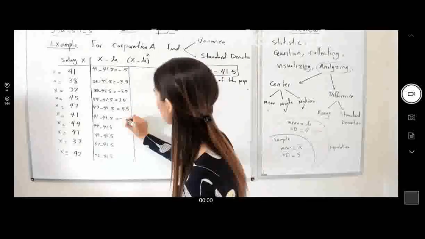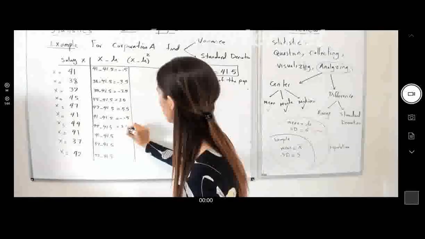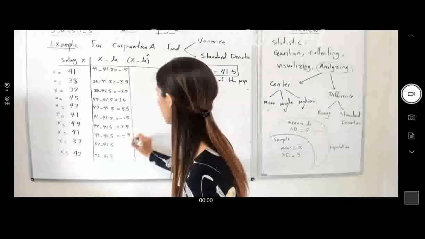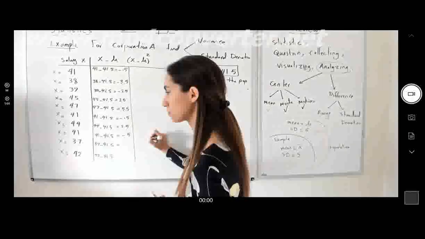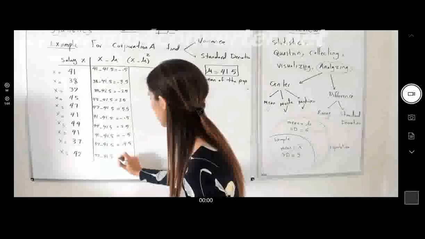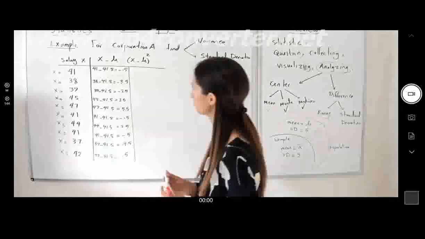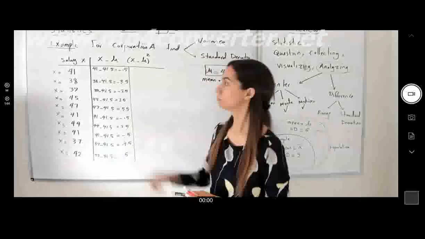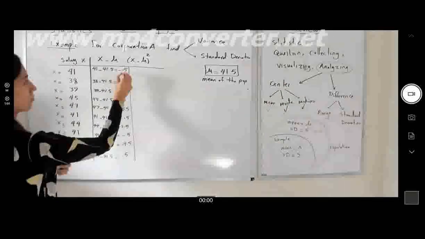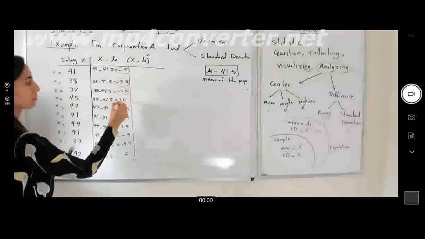Next deviation, negative 0.5. Then here you have 2.5. Next deviation, negative 0.5. Next deviation, negative 4.5. Next deviation is equal to positive 0.5. So we calculated each of these deviations. In the next step, you have to square each of these numbers.